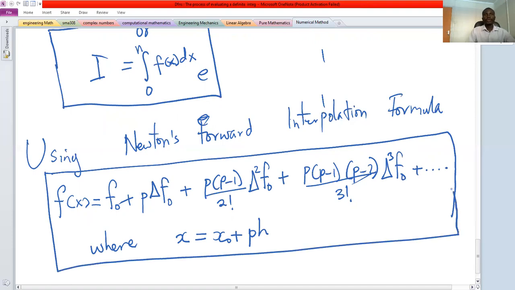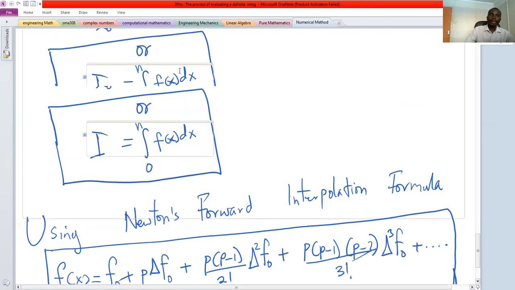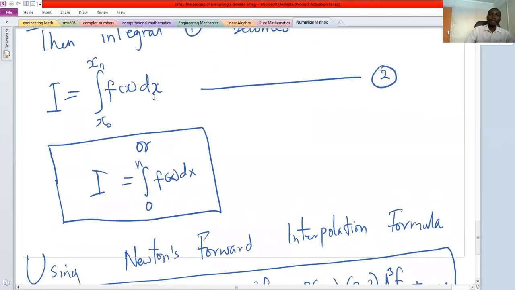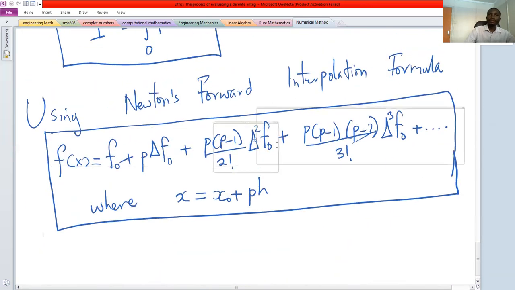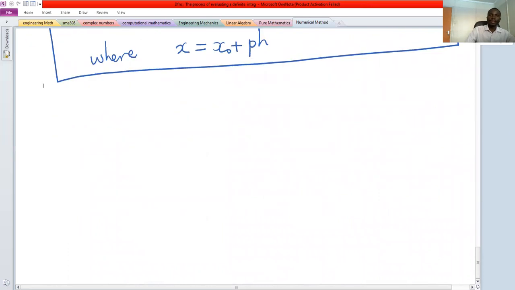So what we are going to do is rewrite this integral 2, where this f of x will be replaced by this expression for the Newton forward interpolation formula.